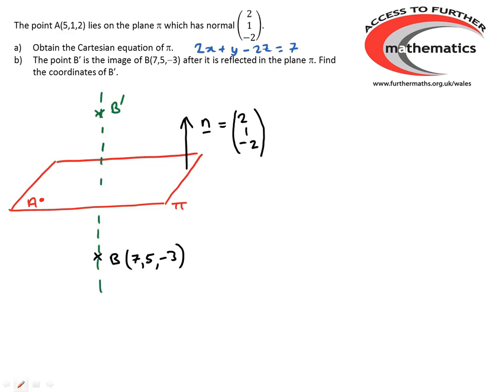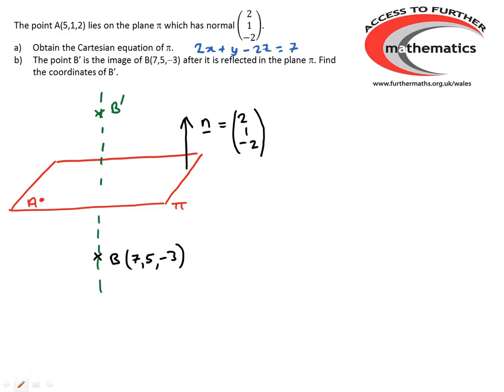So we can add onto our diagram a rough guess of where we think the image B' is going to be. And the key observation is that the line B to B' must be a normal to the mirror. In other words, B to B' must be parallel to the normal vector.